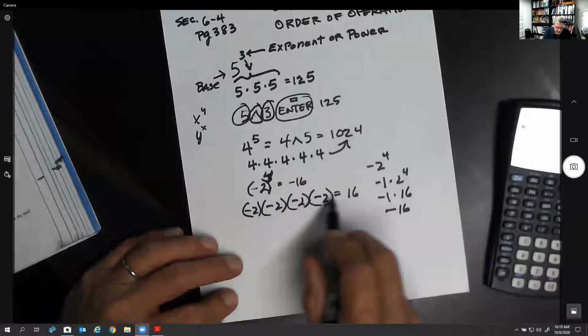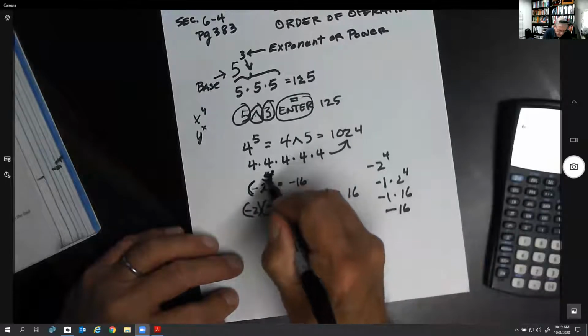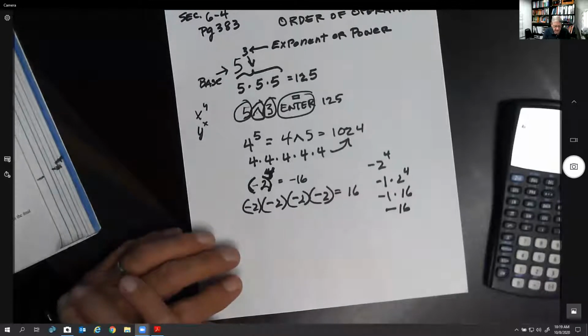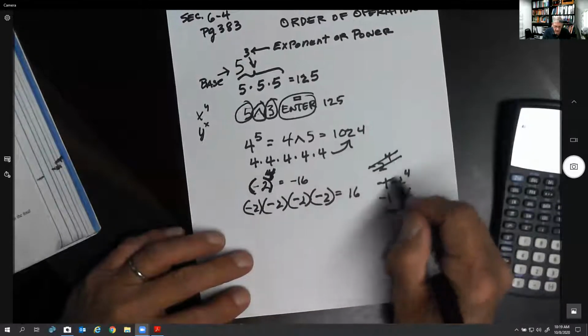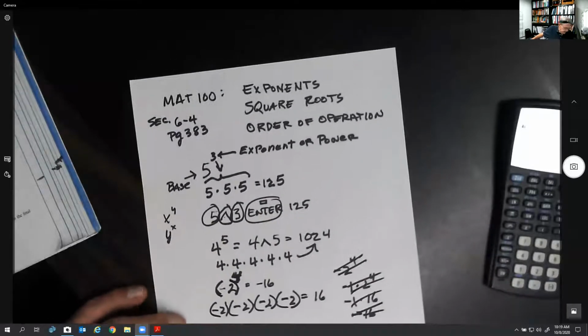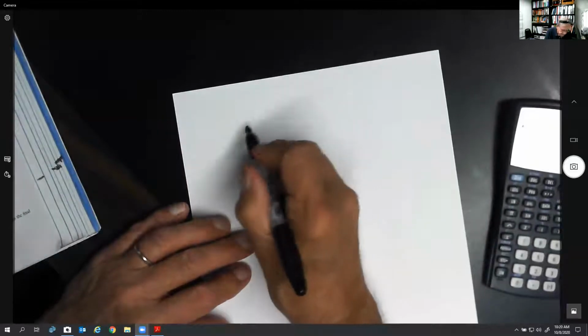So that's what it's thinking. If you have a negative number and you want to raise it to the fourth power, it needs to be in parentheses. Otherwise, it's not going to do what you want it to do. Okay, so that's an important discovery. So let's calculate this one out and see what we get.